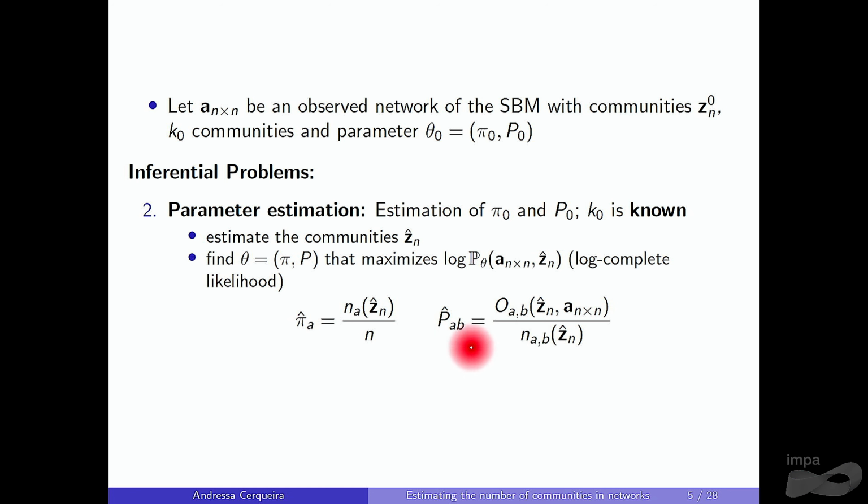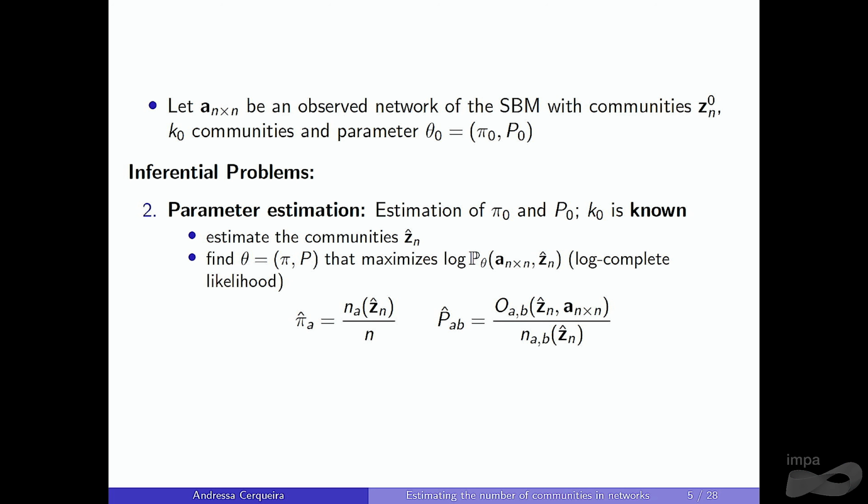So how many edges I have between communities A, B divided by how many pairs of nodes I have between communities A and B. So this is the maximum likelihood estimator for these parameters. So if you know how to estimate the communities well, so if z hat is very close to the true one, you are going to have also a very good estimator for the parameters, right?